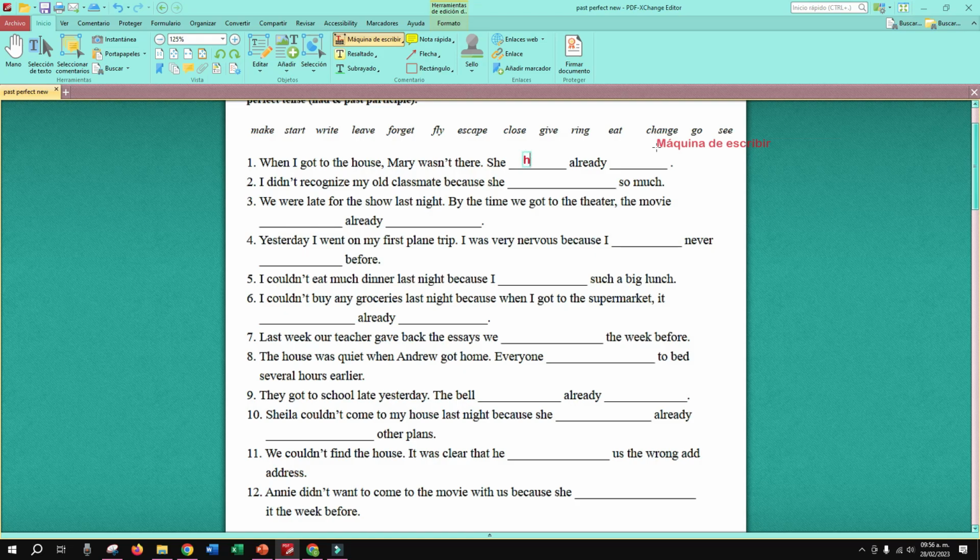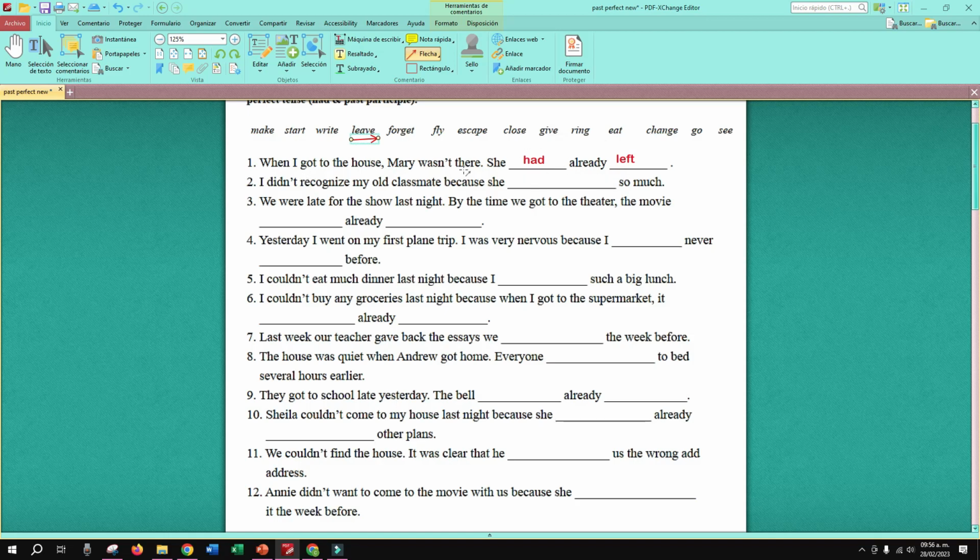So she had already what? Left. Excellent. That would be the past participle of which one? Leave, right? So when I got to the house, Mary wasn't there. She had already left. Yes?